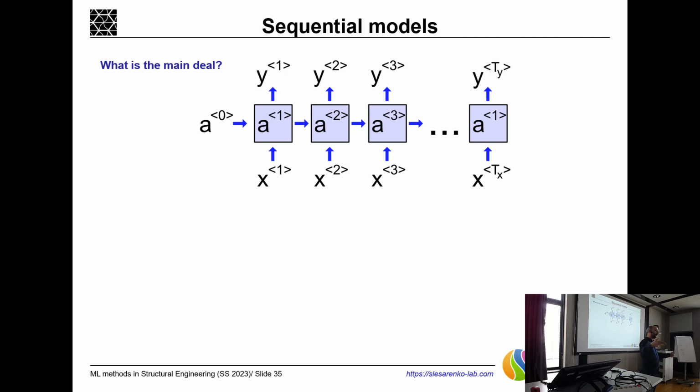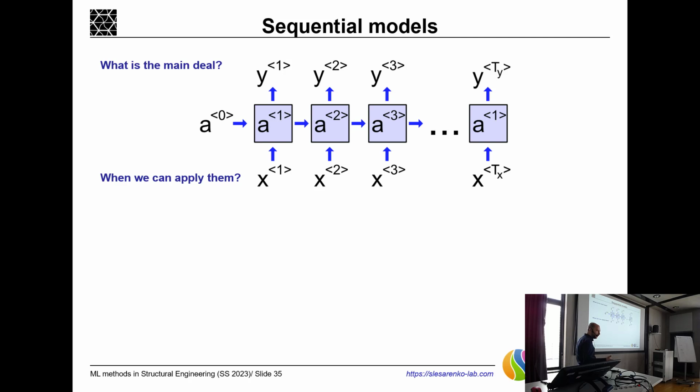What's important is the sequence of the samples, and therefore you have these additional connectors. If I remove these horizontal connectors, it will be just a classical neural network: you put input, you get output. But here, your output, or something that is calculated on input, propagates through time to the right. That's the main deal.